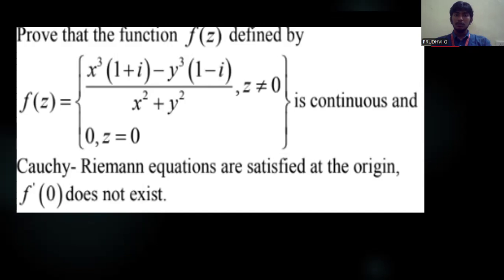When z is not equal to 0, we have this function. When z is 0, the function is also 0.